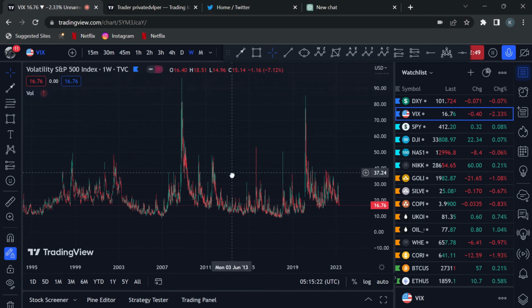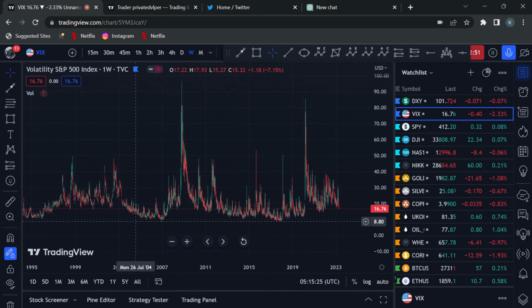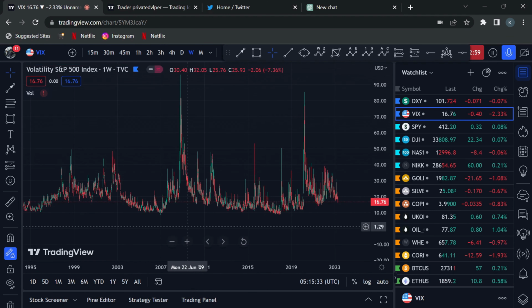Okay, so if we have more put options being bought, it means that the investors are fearful and they are buying these options to protect against a falling market. So the VIX will rise.